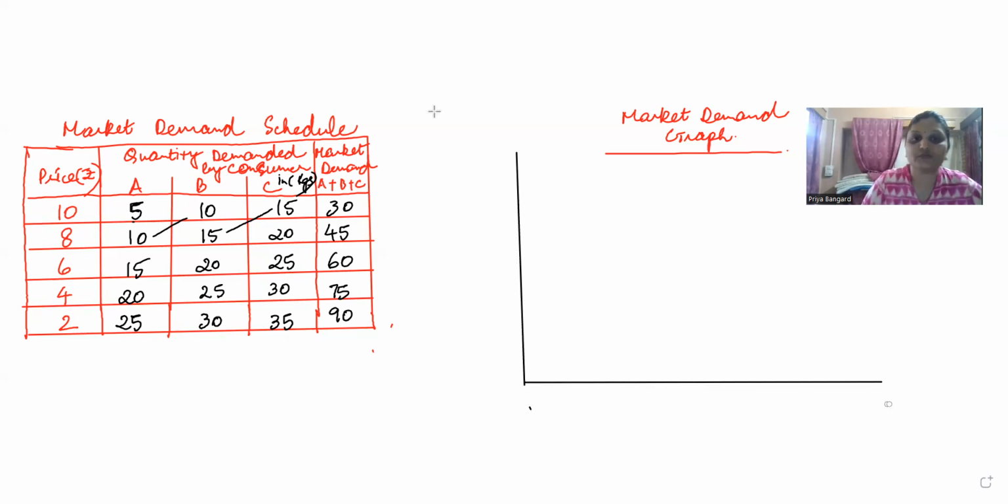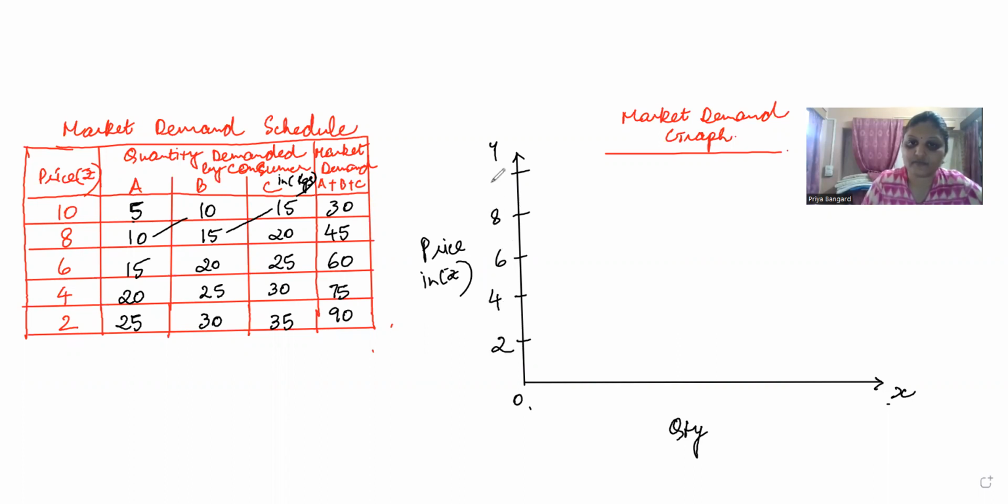एक्स एक्सिस पे क्या डालूं, वाई एक्सिस पे क्या डालूं. अभी तक तो याद हो जाना चाहिए था. क्वांटिटी demanded in kgs and y-axis पे price in rupees. तो प्राइस का तो सिंपल है 2 4 6 8 10. और क्वांटिटी आप देखिए it is 30, 45, 60, 75, 90.